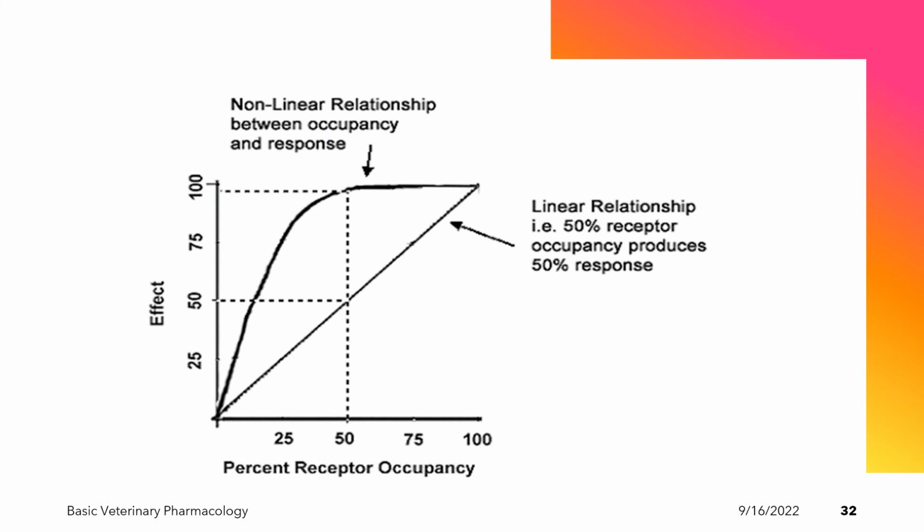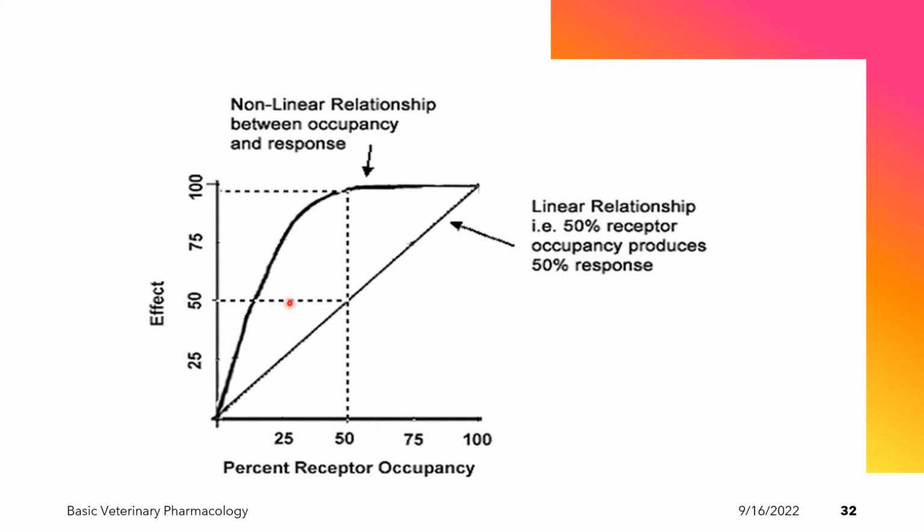So this is another representation of the spare receptor concept, with the x-axis representing the percent receptor occupancy, and the y-axis representing the effect of this particular drug. In this line graph, there is a linear relationship. Now, 50% of the total receptor population must be occupied to achieve 50% of the maximal organ response.